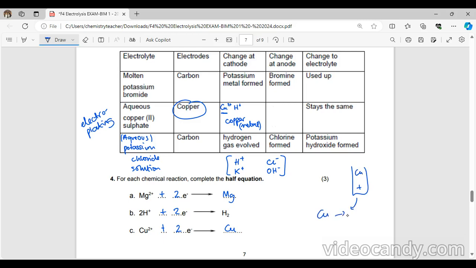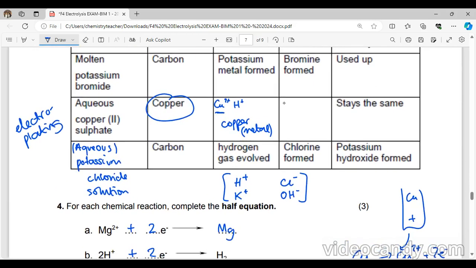This process happens: copper forms copper ions. And so for the change of the anode, a couple of things you can say. You could say copper ions formed. Or you could say there's a decrease in mass. Either would have been okay.